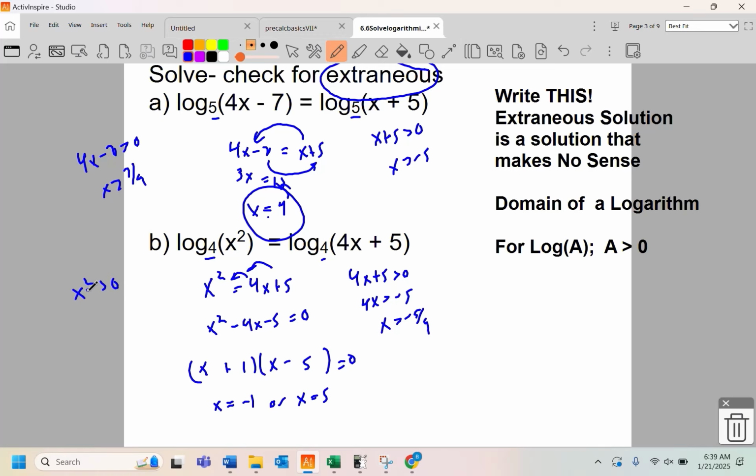And if I square a -1, I get a +1. If I square 5, I get 25. 5 is bigger than -5/4. These are both real. They both work. So we're good to go on that one.